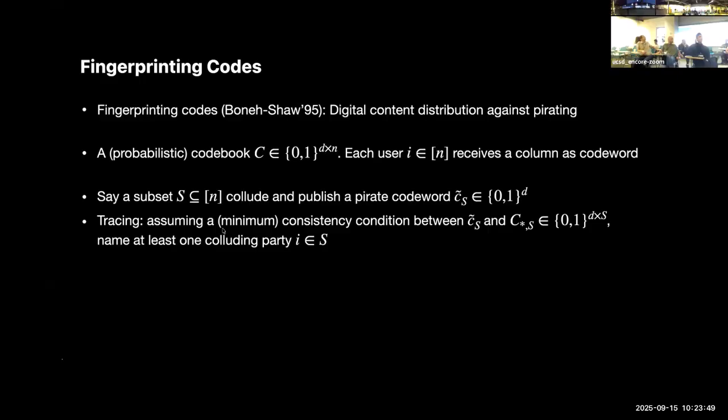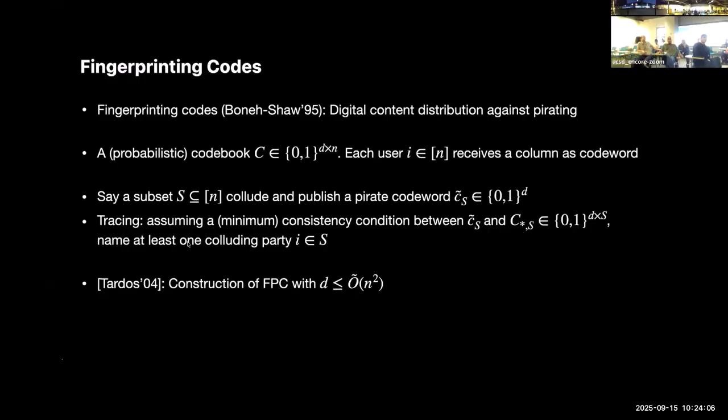That's the only requirement, and the guarantee is you can name at least one i from the set S from the output. Yeah, sorry, I should be more careful here.